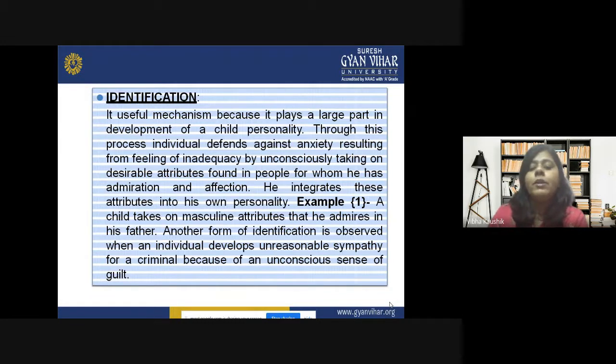Another form of identification is observed when an individual develops unreasonable sympathy for a criminal because of an unconscious sense of guilt.